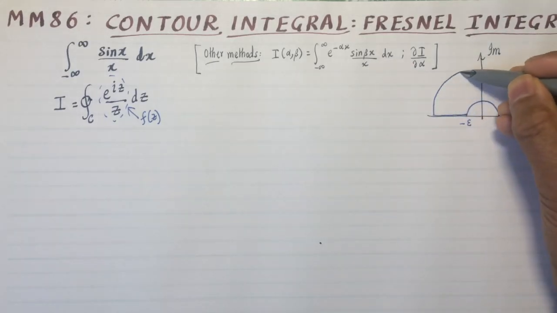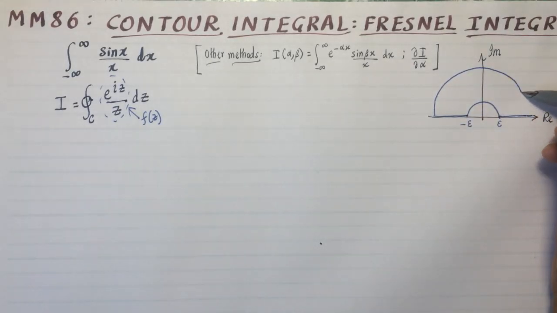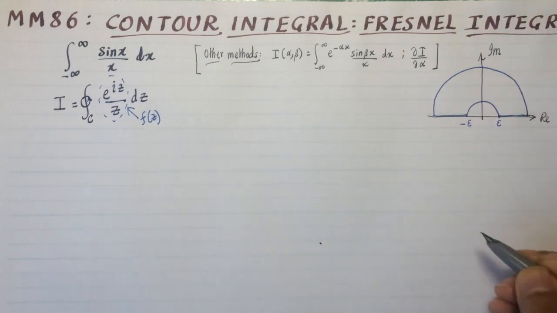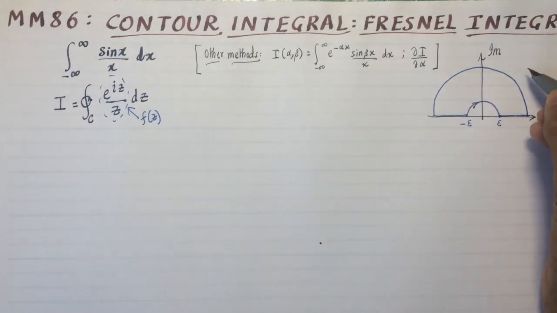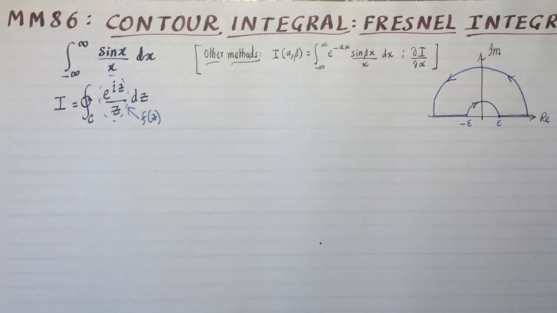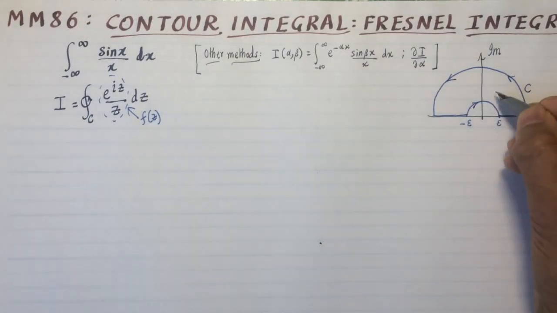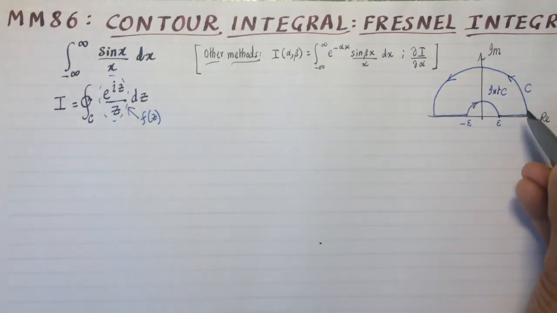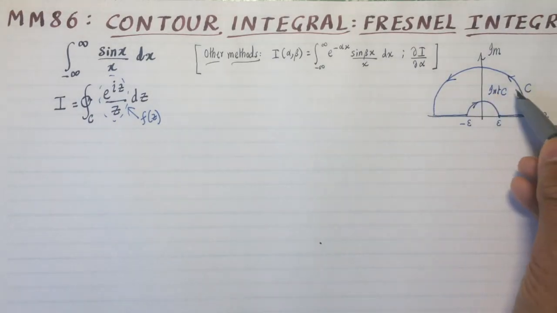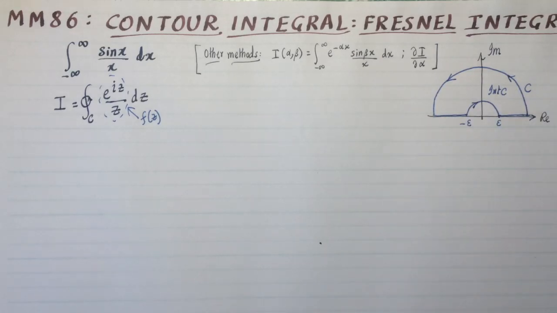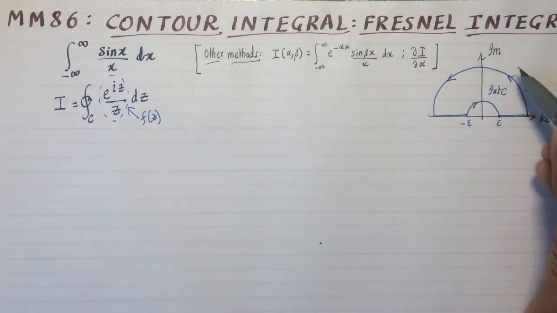Now, the contour itself is a semicircular half annulus, so it's going to be like that, and the contour is C, and the interior of the contour is whatever is inside it. Now observe that the interior of the contour is free of any disturbances. It doesn't have a pole or anything, so by Cauchy's theorem the evaluation of this closed circuit integral is going to be 0.